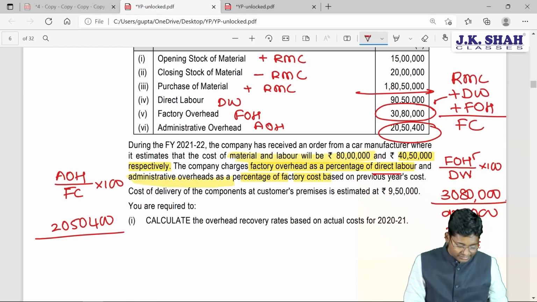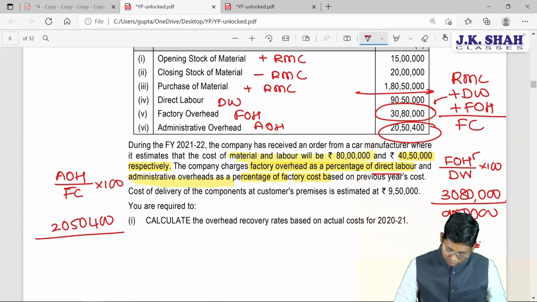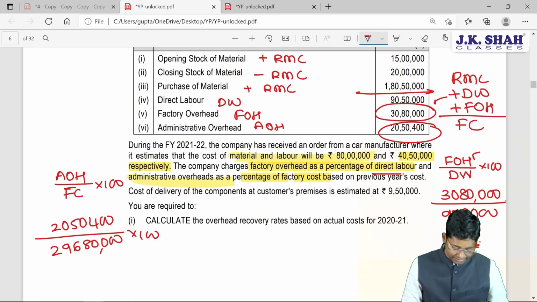Let's check this. 15 lakhs to be added, 20 lakhs to be deducted, 1 crore 80 lakh 50,000 to be added, then direct labor 90 lakh 50,000 to be added, and factory overhead 30 lakh 80,000 to be added. So in all 2 crores 96 lakhs 80,000 is the amount of factory cost which is given in the question. So it will be 205044 divided by 2 crores 96 lakhs 80,000 into 100.